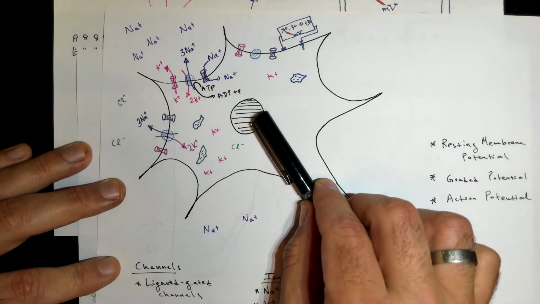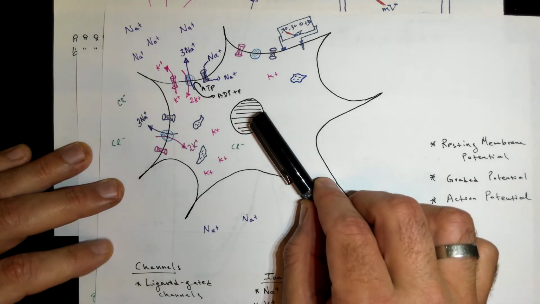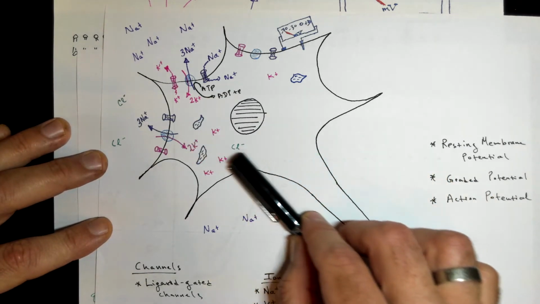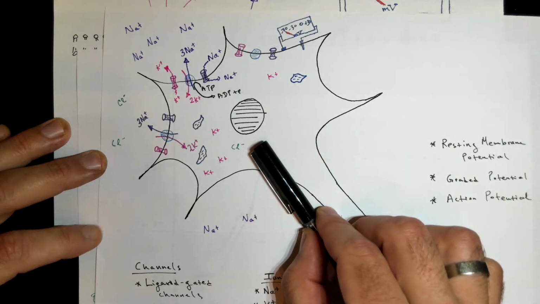So we really want to understand this signal. What does it mean for this cell to depolarize?